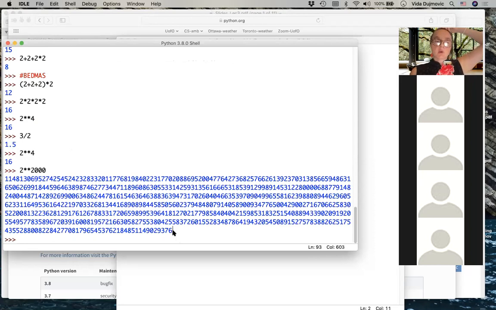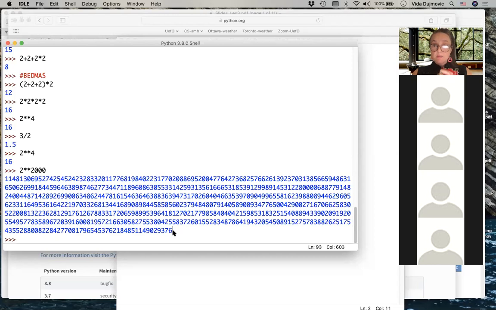What I want you to remember from this is that Python can represent integers exactly. If you're working with integers, you will never run out of space. Basically, integers are represented exactly in Python.